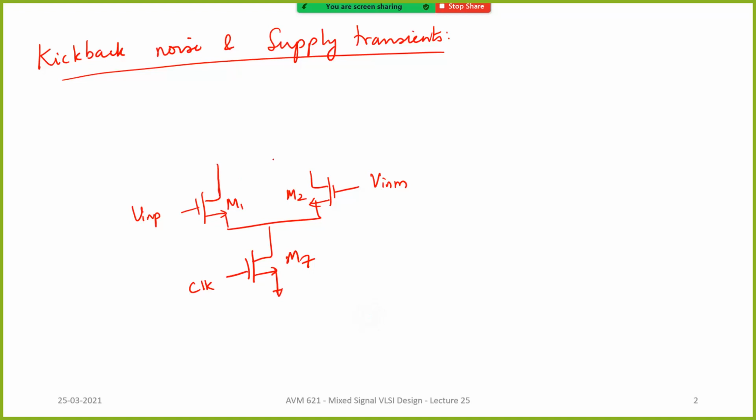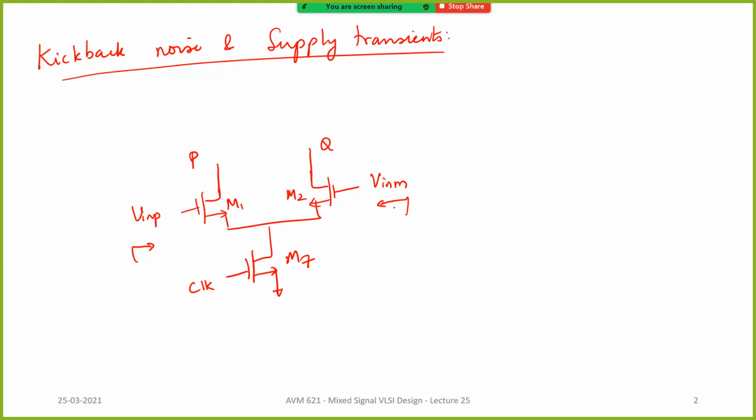We have kept the name of these two nodes as P and Q. Now, what do we mean by kickback noise? You are feeding the input like this, writing the analog differential input, or rather the discrete time differential input, to the gate capacitance of these two transistors M1 and M2.